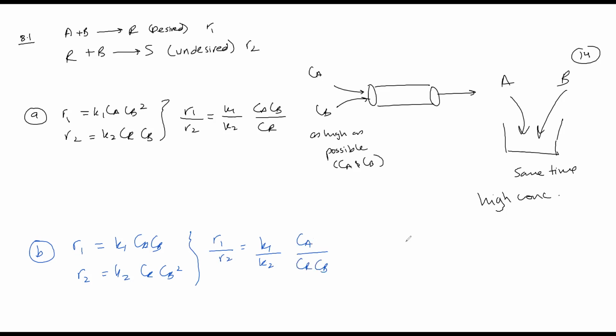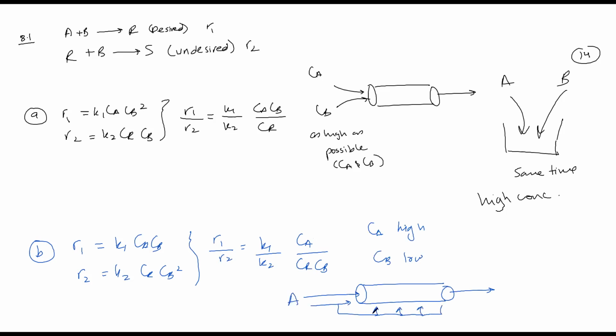In order to maximize this ratio, I want CA to be high and CB to be low. For a PFR, I'm going to introduce A at high concentrations initially, and then control the concentration of B by introducing it at different ports.